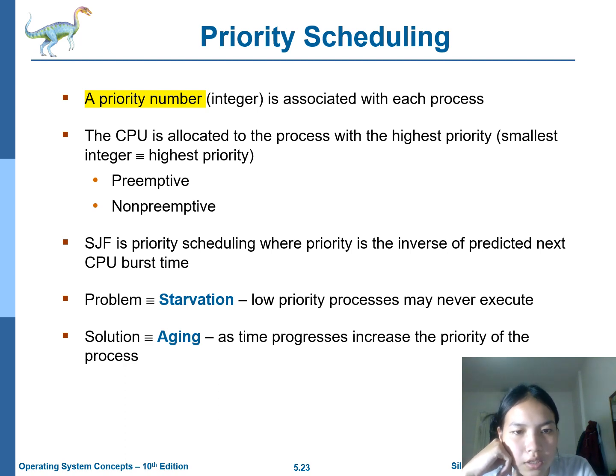SJF is priority sharing where priority is the inverse of the predicted next CPU burst time. Problem: starvation. Low priority processes may never execute. The solution is aging: as time progresses, increase the priority of the process.